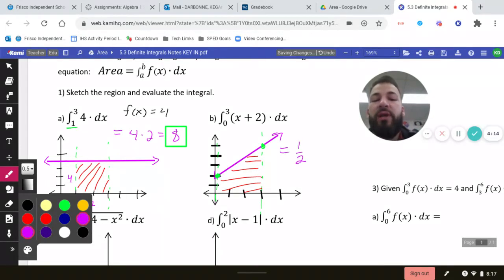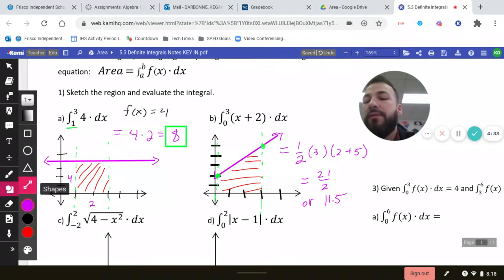So my height would be 3 times the 2 bases, so 2 plus 5. So that'd be 7 times 3, which is 21, times 1/2. So either 21 halves or 10.5. Either would be fine.